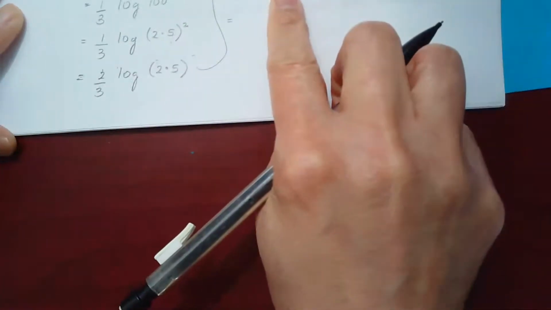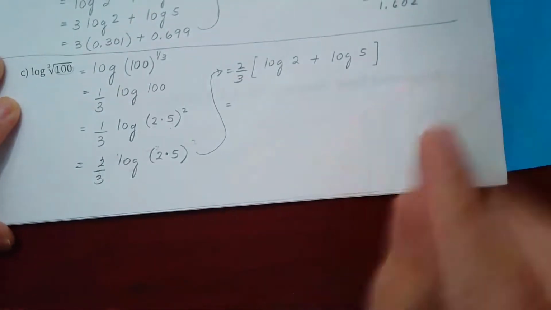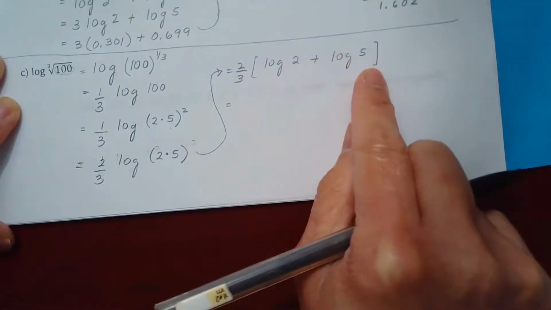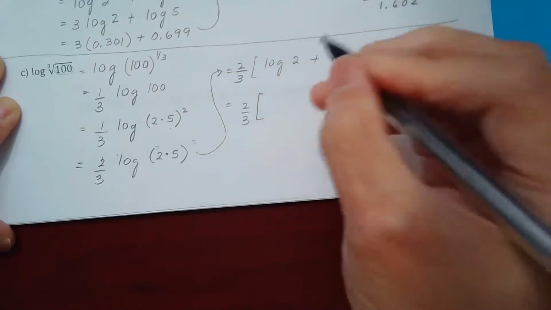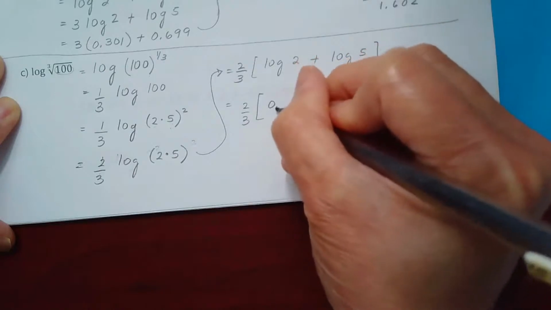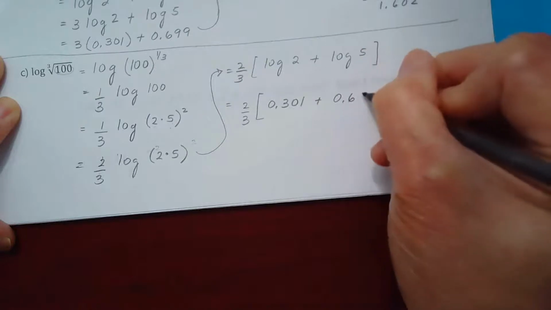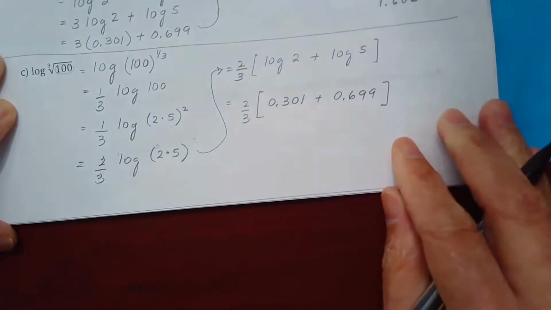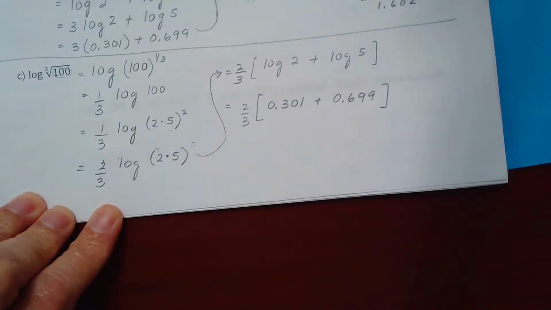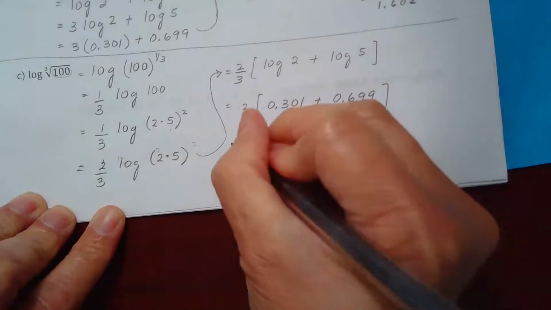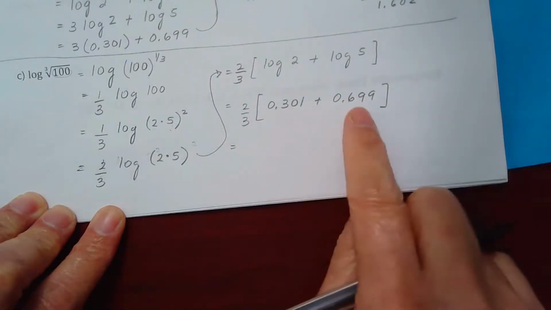I know what log of 2 is and log of 5 is. I can go 2/3. Log of 2 is 0.301. Log of 5 is 0.699. Okay, let me give you a moment to write that down. Sorry, it was raised up quite a bit. So I can add those up.